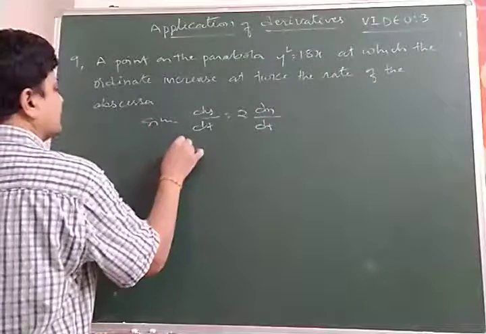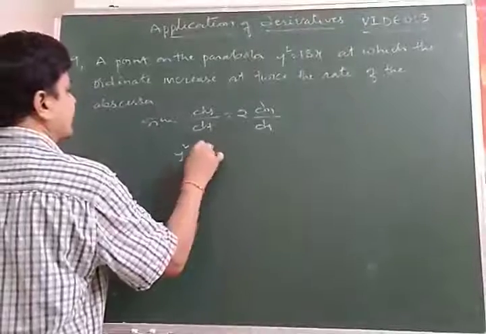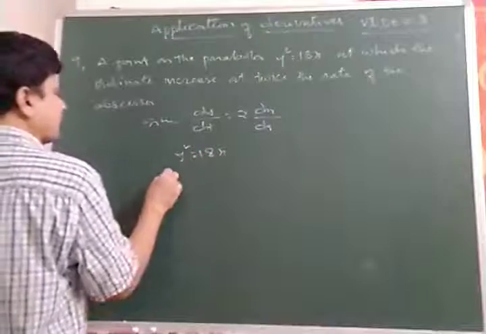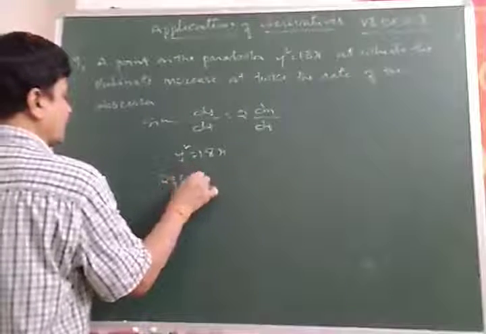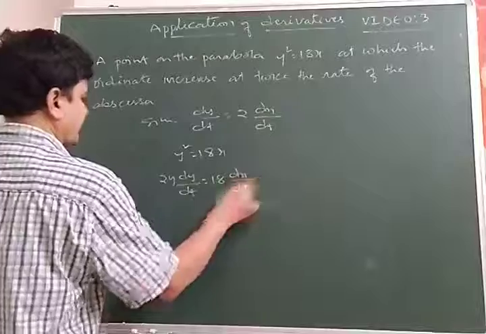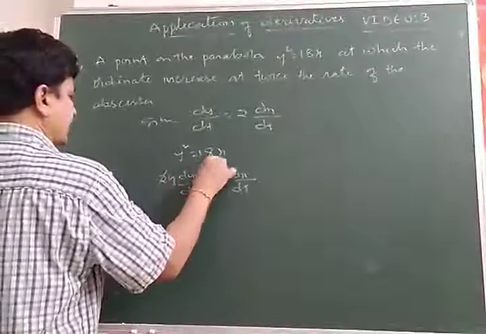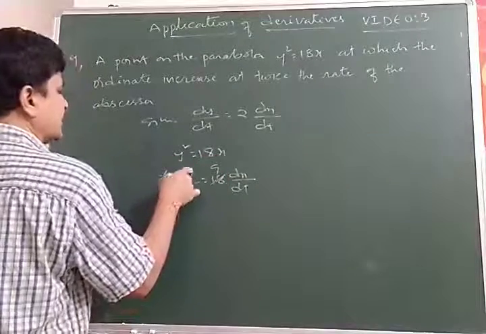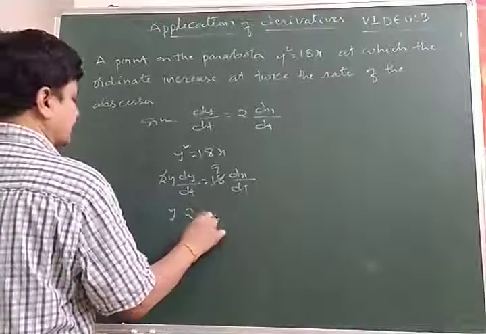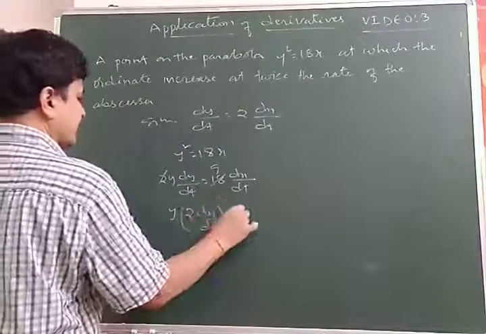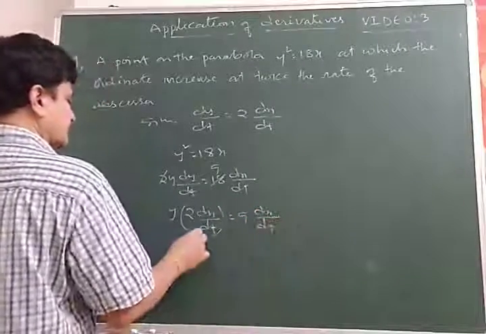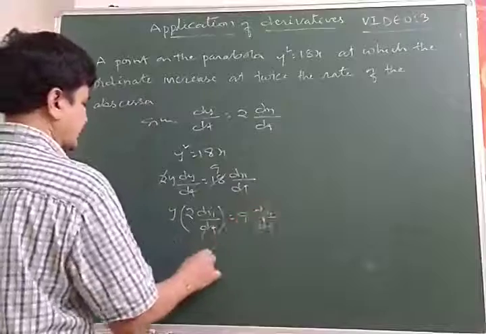Given the curve y square is equal to 18x. Now applying derivative on both sides with respect to t: 2y into dy by dt is equal to 18 into dx by dt. So 2y into given dy by dt, which is 2 into dx by dt, is equal to 18 into dx by dt. So 4y is equal to 18, and dx by dt is cancelled.